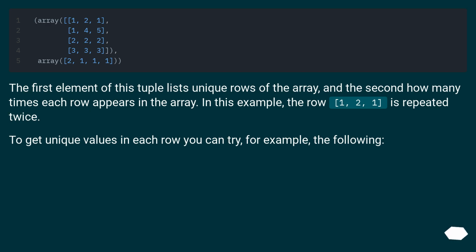The first element of this tuple lists unique rows of the array, and the second how many times each row appears in the array. In this example, the row 1, 2, 1 is repeated twice.